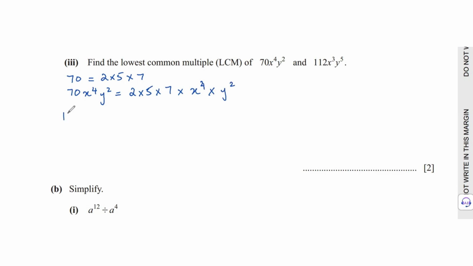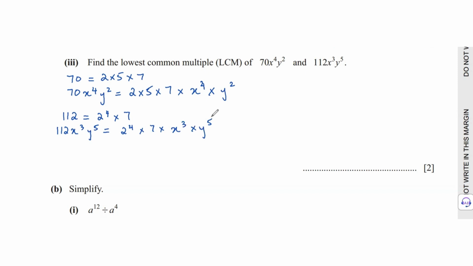For 112, it was 2 to the power of 4 times 7. So 112 x cubed y to the power of 5 is going to be 2 to the power of 4 times 7 times x cubed times y to the power of 5.